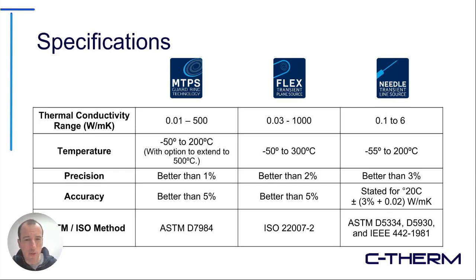There's the highest temperature range on the MTPS, up to 500 degrees C, depending on the application, and then up to 300 potentially with the TPS, and 200 with the needle probe. I think the rest of the specs you can kind of read for yourself. The most accurate and precise is generally the MTPS, followed by TPS, and then the needle probe, which is a little bit of a rougher measurement and is a trade-off for that robustness.